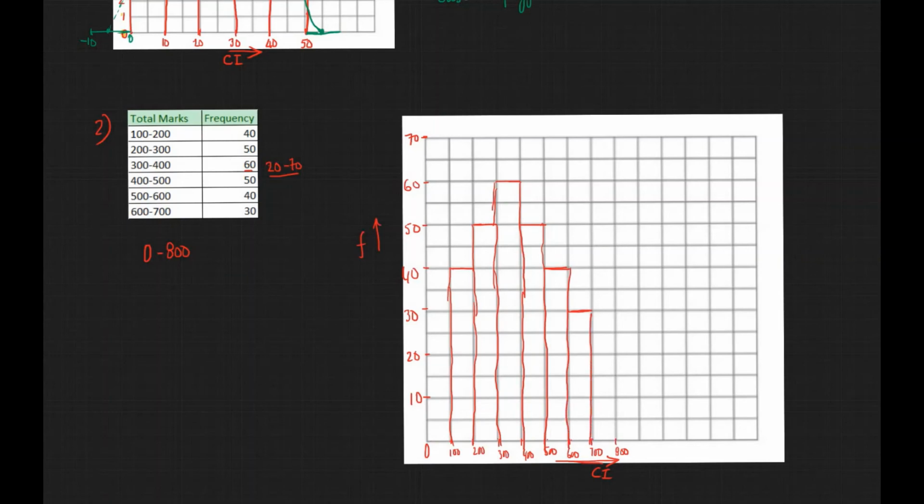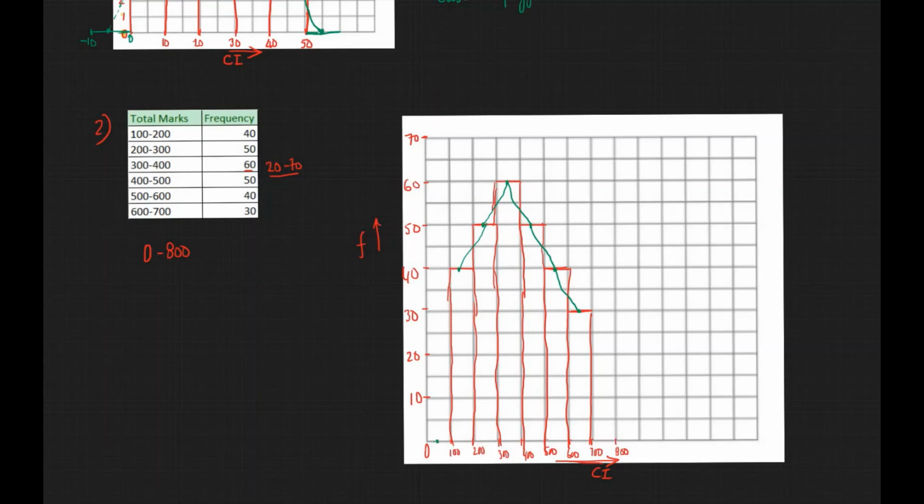Now once we have done this, we can move to the frequency polygon, mark all the midpoints. Once you mark the midpoints, you can connect them. But it's also important to close the histogram.